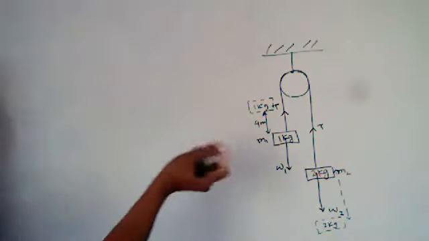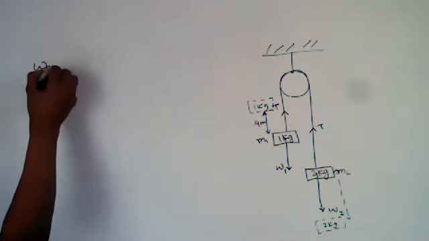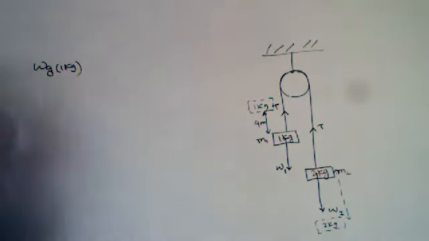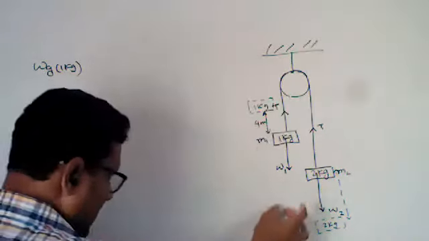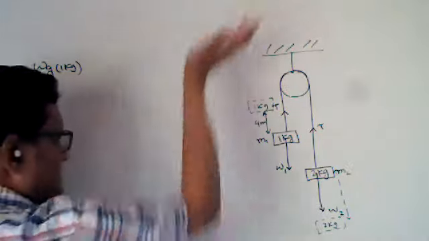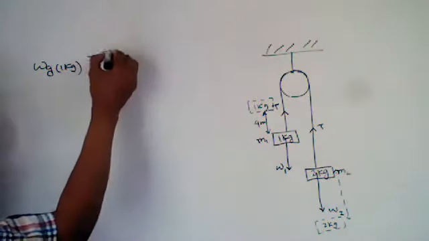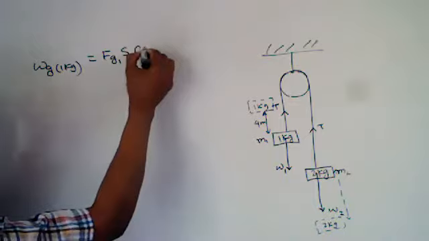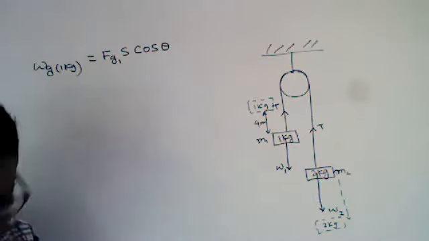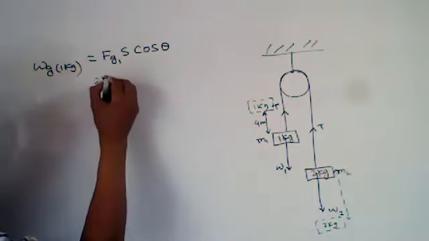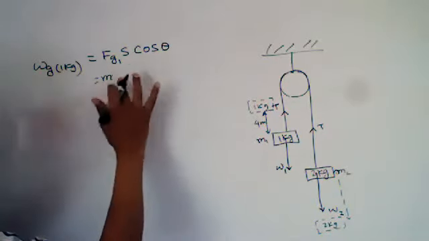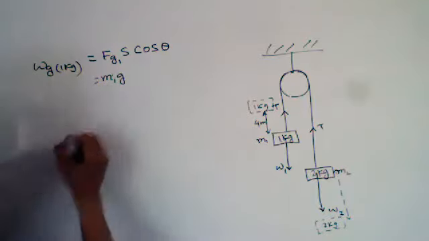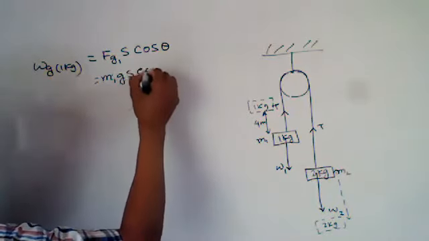Okay, come on. Work done by gravitational force for 1 kilogram. Here the gravitational force acts downward and the displacement is upward. So work done by gravitational force for mass 1 is Fg1 s cos theta. Fg1 means m1g, so m1 g s cos theta.